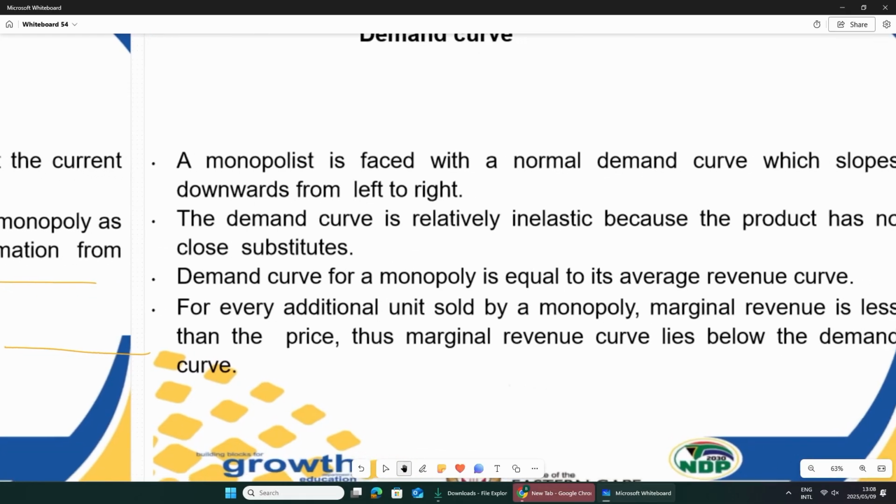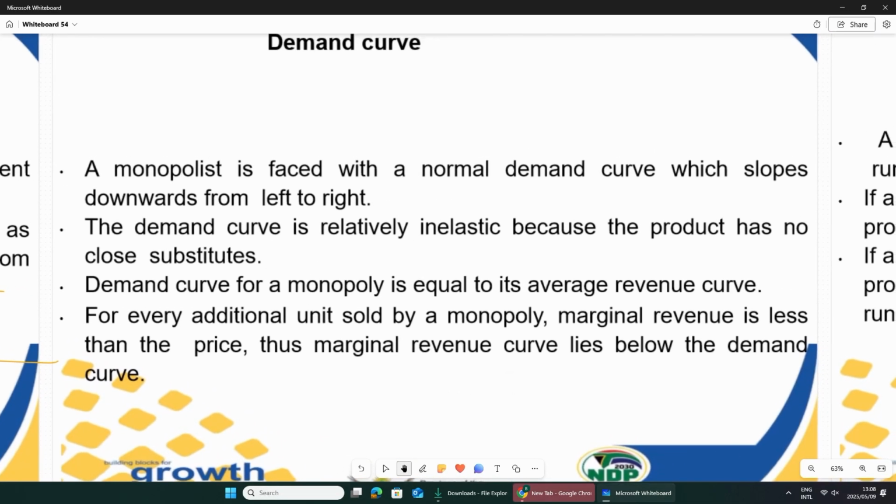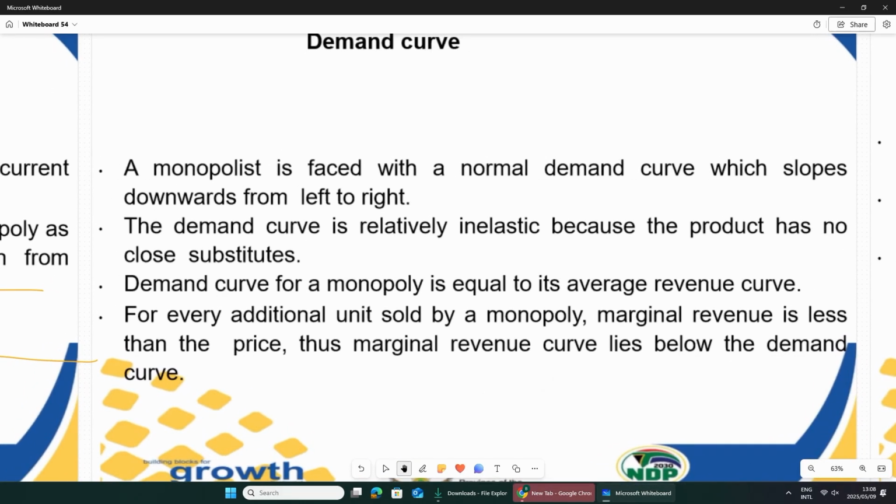The demand curve. The demand curve of a monopolist is downward sloping, just like a normal demand curve. It is downward sloping from left to right. Because it is downward sloping, it means that in order for a monopolist to sell more, it has to reduce its price.